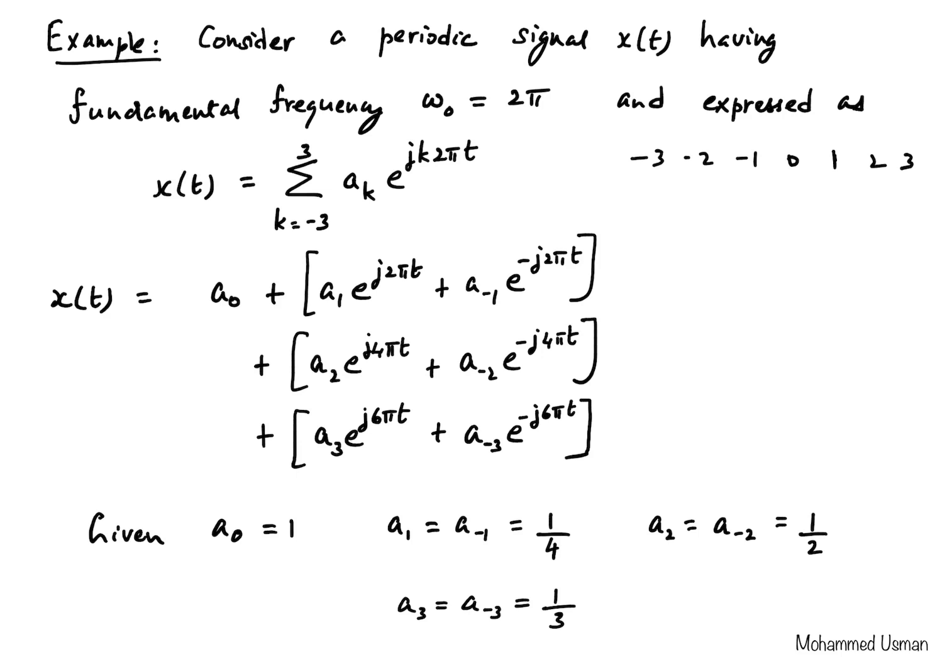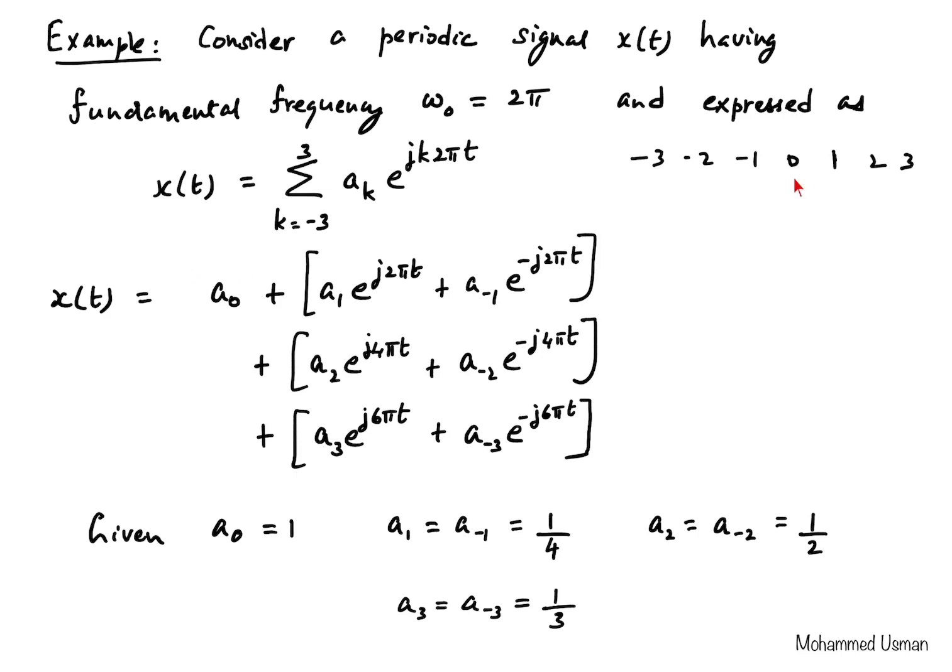The term corresponding to k equal to 0 is a0 e power j into 0 into 2 pi t. That's e power 0 into a0, which is a0 into 1, that is a0. So the term corresponding to k equal to 0, I've written first here.